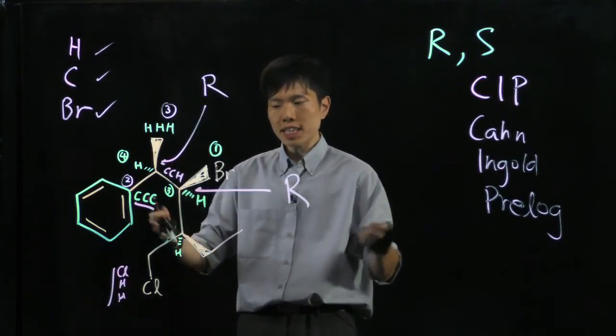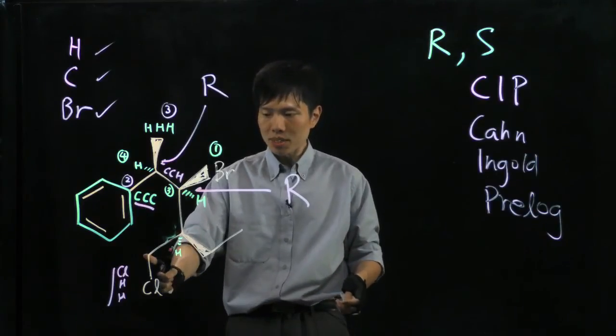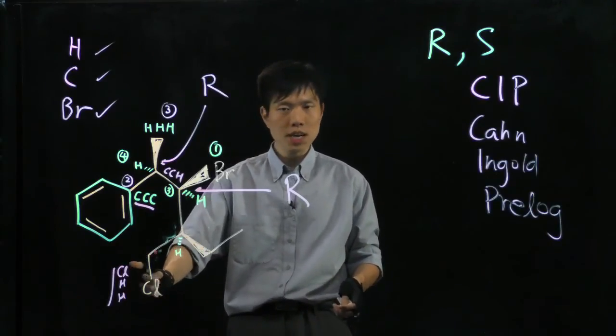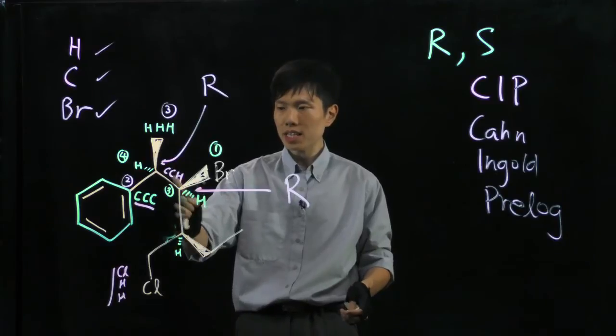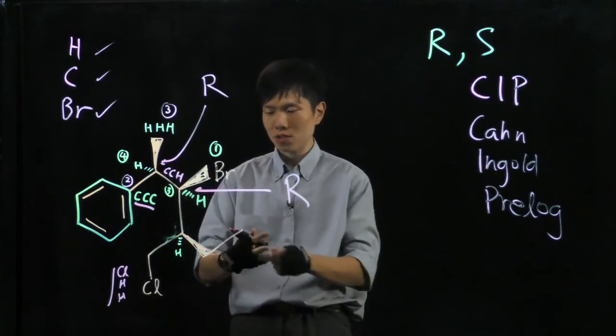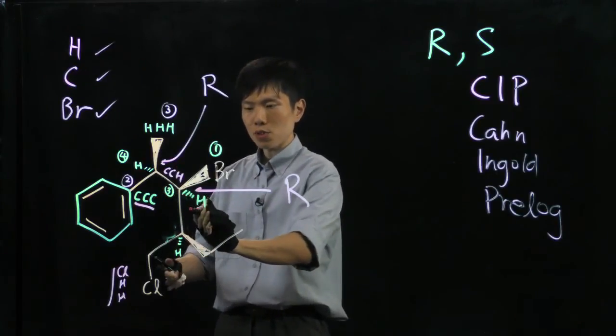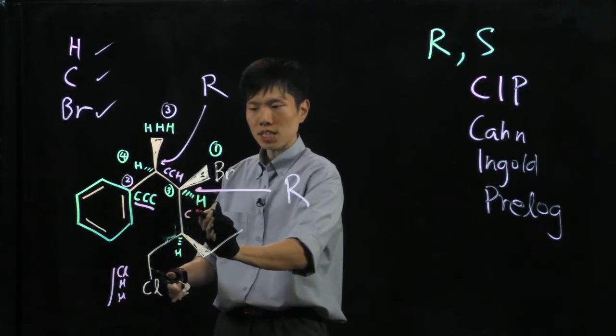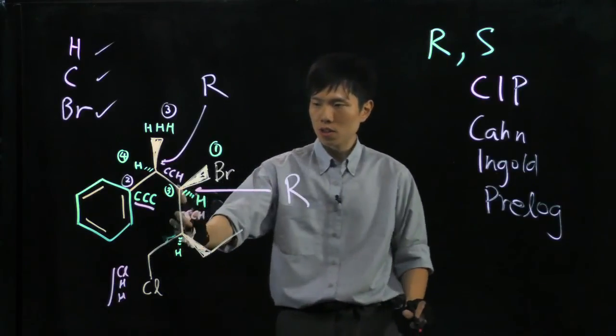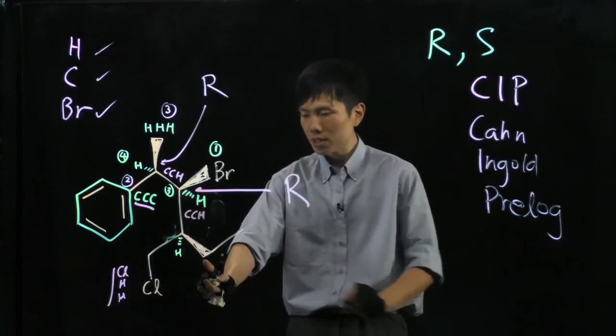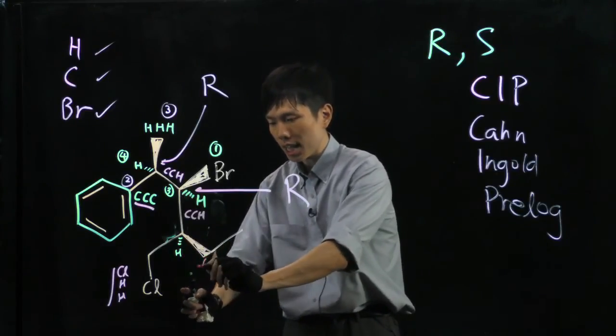So you have to go further than that. You notice that this carbon here has Cl, H, H. Cl is bigger than the other carbon, carbon, H. Let me just write this for you. When you go up, this is C, C, H. When you go here, this is C, H, H.